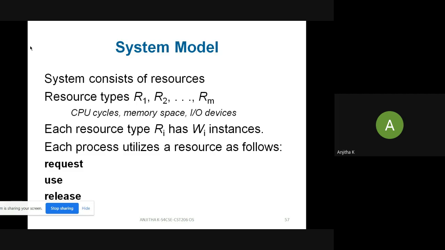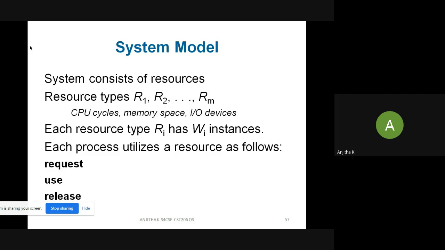There will be resources, indicated by capital R. There will be a number of resources, for example CPU, memory, IO devices; all of them are resources. These resources will have different instances. Instances means there will be 3 printers, there will be 4 files. That is known as instances. A resource can have different types. For example, a file is a resource, and there will be different types of files in a system. That is known as instances.